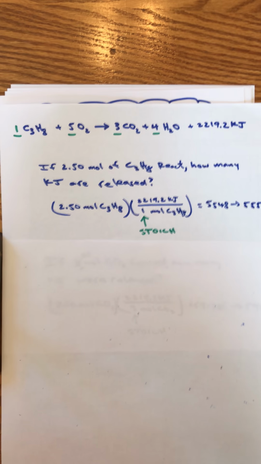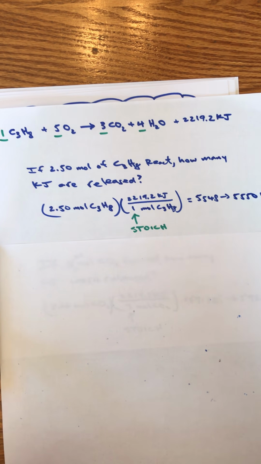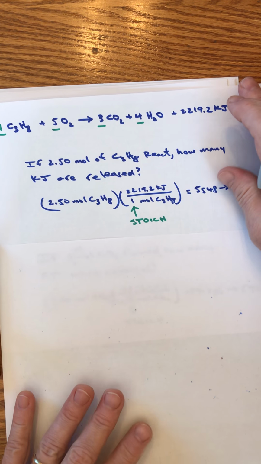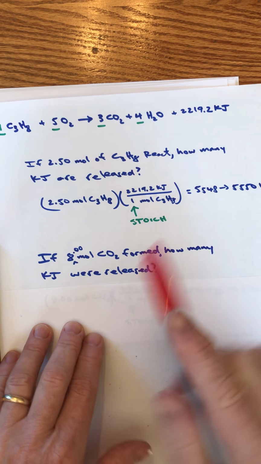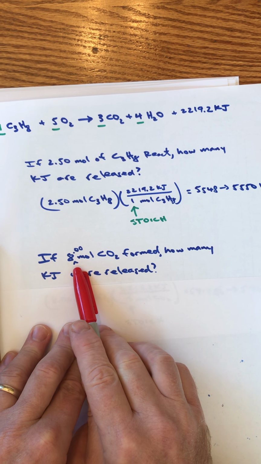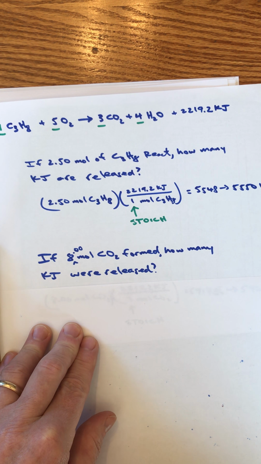A little off frame, I'm going to move over a little. I'll drop the phone. Alright, well, second example. What if I had 8.00, try to keep 3 sig figs there, moles of CO2 formed? How many kilojoules would you release then?